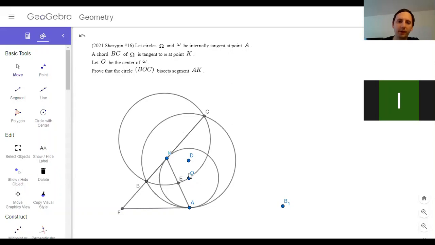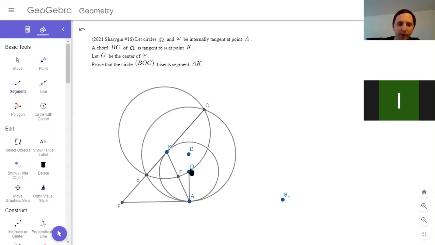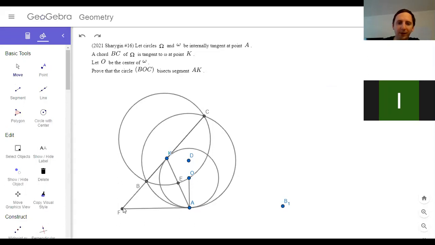So yeah, because the perpendicular from the center to the midpoint bisects the chord. We know angle OAF is 90. I don't know if maybe that helps. Maybe we have similar triangles. OE and F look like they would be collinear. Yeah, we have to show OE and F are collinear. Maybe that's just power of a point or something. AK is perpendicular to OF, because by symmetry, those are both tangents.